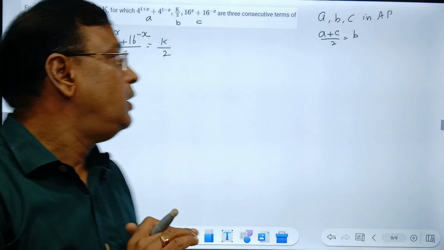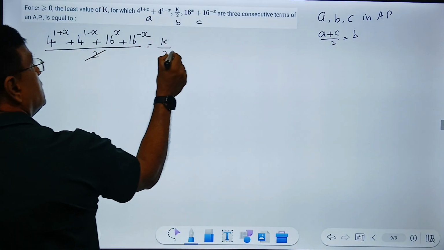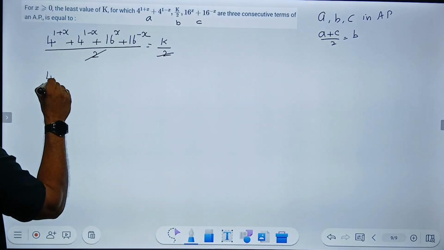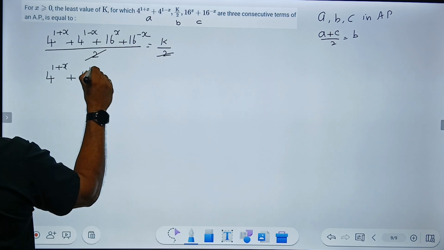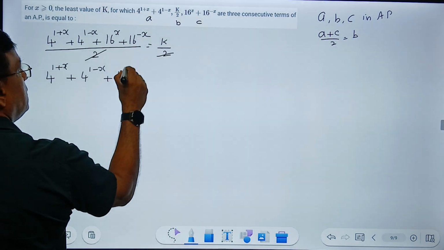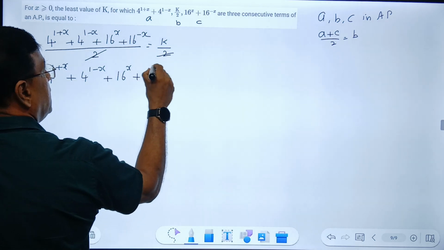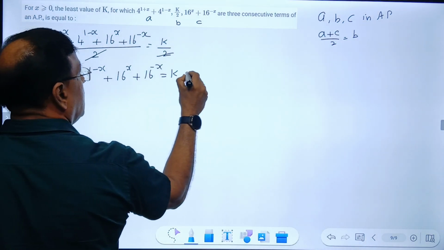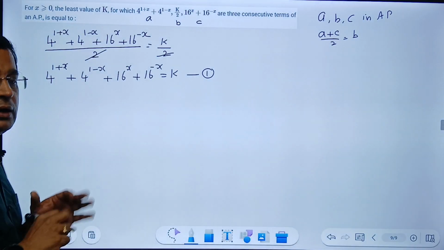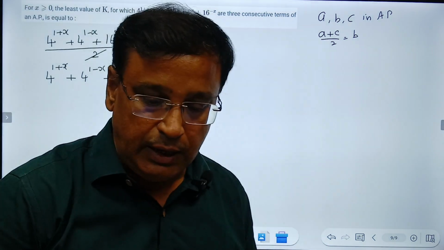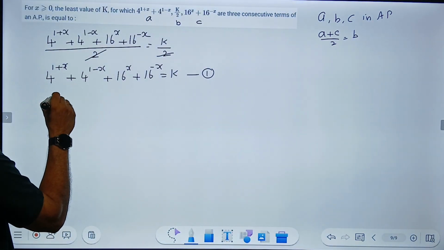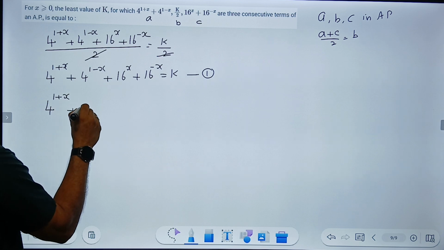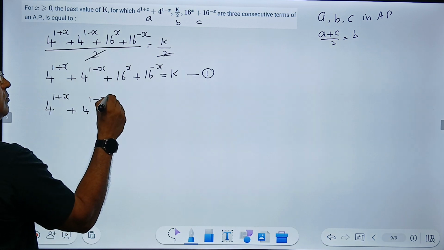Is it clear? Now what I do, I cancel this and I get 4 power 1 plus X plus 4 power 1 minus X plus 16 power X plus 16 power minus X equals K. Just leave it, call this 1. Now I will take the first 2 terms, 4 power 1 plus X, and try to write it in terms of powers of 2.